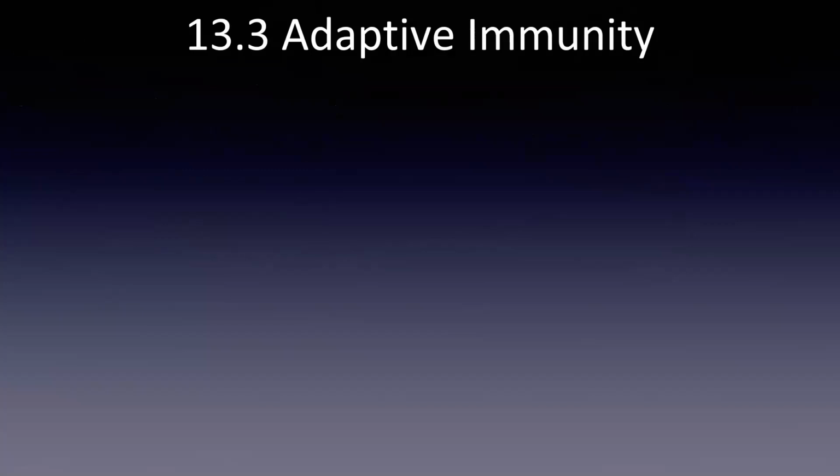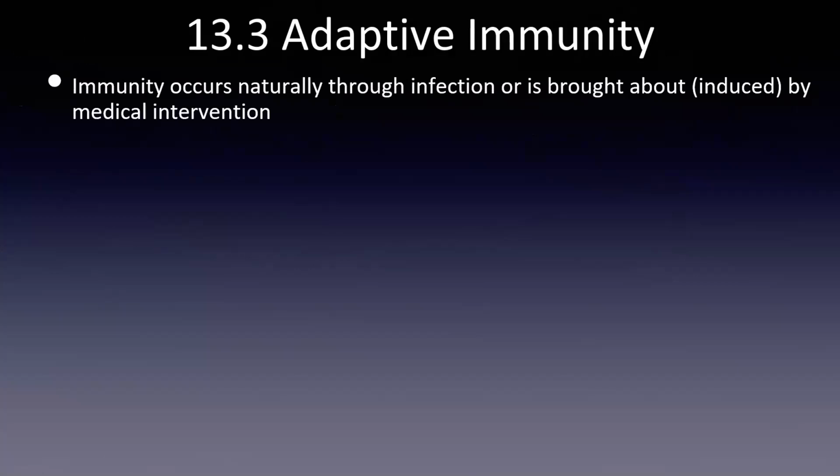This is actually 13.4 in your textbook, or if you have the white one. So immunity can occur naturally from your body, over the course of time, building up an immunity. There are also things called memory T cells. We didn't talk about those, but memory T cells will remember how to attack something whenever it re-enters your body.